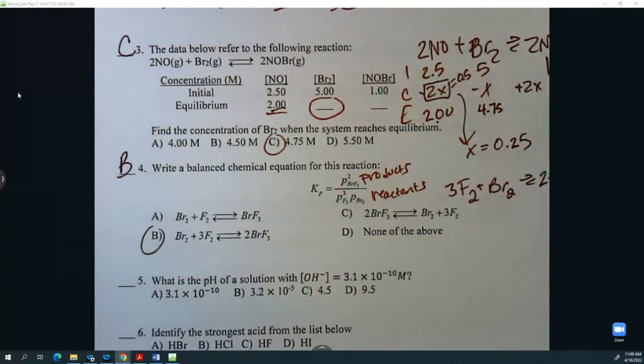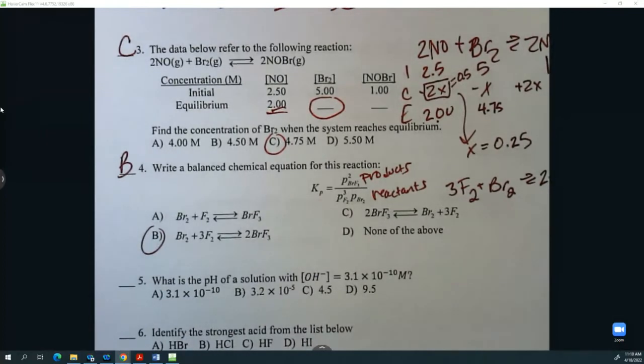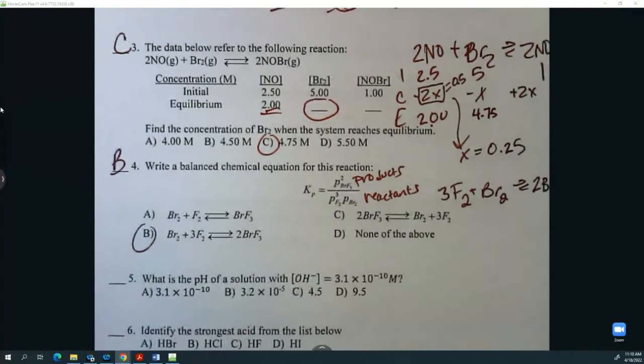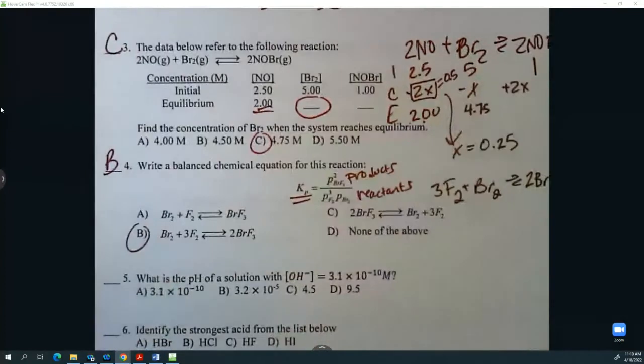Yes. I just have a quick question. So when I was going through this, I got that same answer, but I was just, what do the P's in front of, like, does that stand for their coefficients? No, that would be the partial pressure. So Kp would be an equilibrium constant in terms of partial pressure. Right. Normally we think about it in terms of molarity.